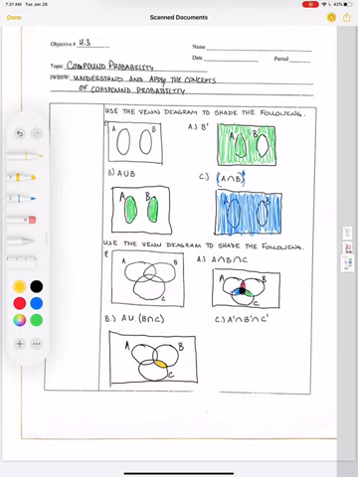But then I have this A union, which means I need to fill in all of A. And I need to take into account that I also have to have the union of B or C. So that is going to be how that Venn diagram fills out. Because again, union is going to be A, or where B intersects C, or both.